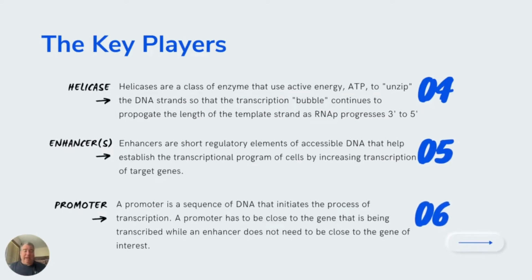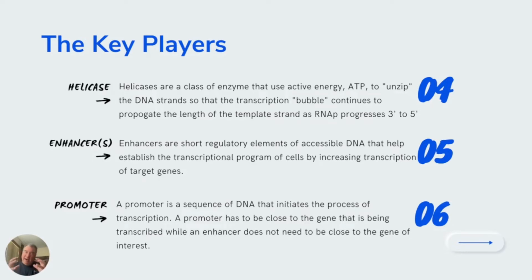Some more key players. I'm not going to talk about this that much, but there's another enzyme called helicase. If you recall, our nucleic acids, our complementary base pairs, are held together by fairly weak hydrogen bonds. And if you remember, DNA is wound pretty tightly in a double helix.